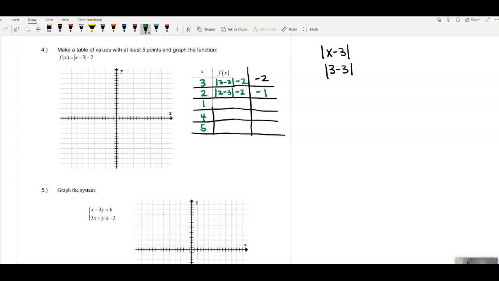So over 3 down 2, and then over 2 down 1. Okay? And so then I'll keep going with this. Keep doing yours on your paper, and I'll do mine here.